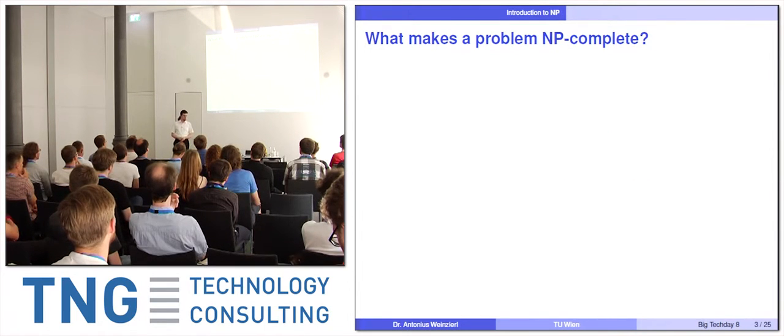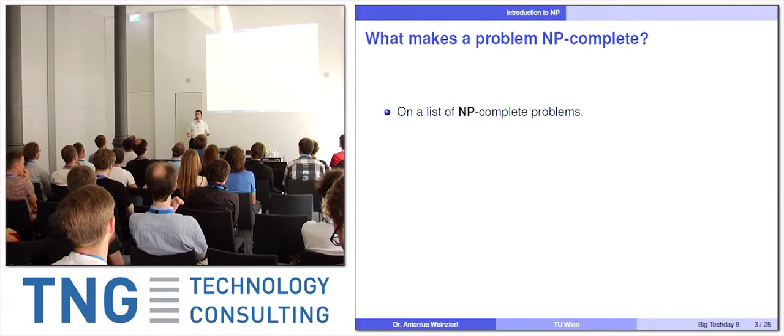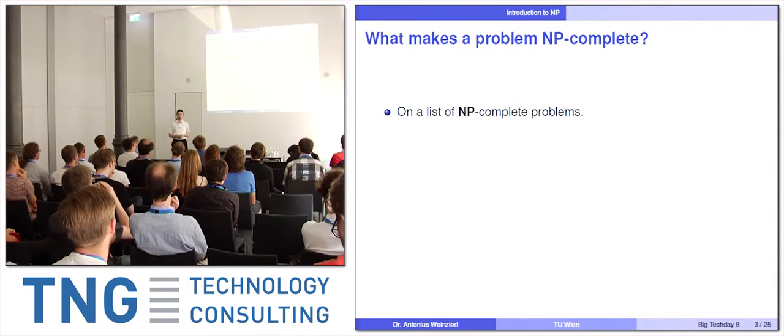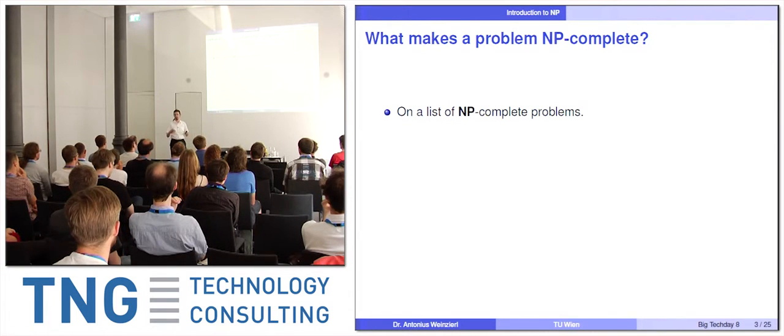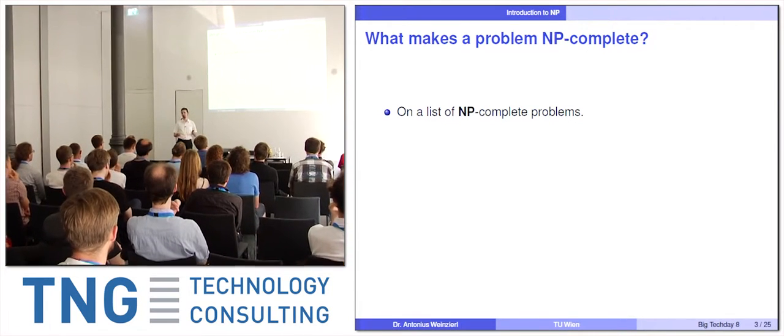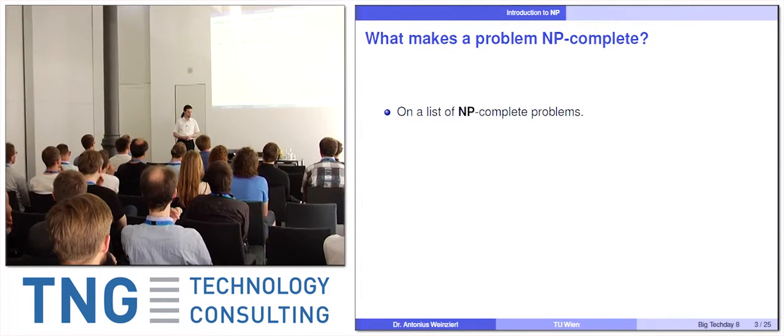So what makes a problem NP-complete? The first thing is, well, it's on a list of NP-complete problems, because there are nowadays lists with hundreds of these problems, and one of the most cited books in theoretical computer science is basically a list of several hundred NP-complete problems.